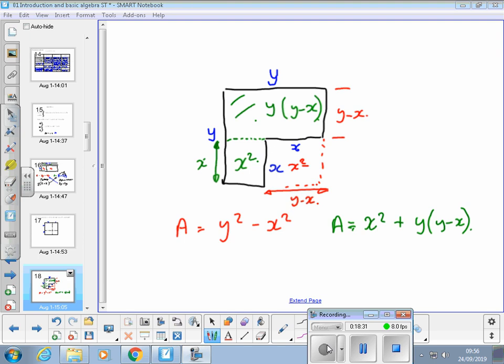So what happens if we expand the brackets out? Well, that's x squared plus y squared minus xy. That doesn't look right there to me.